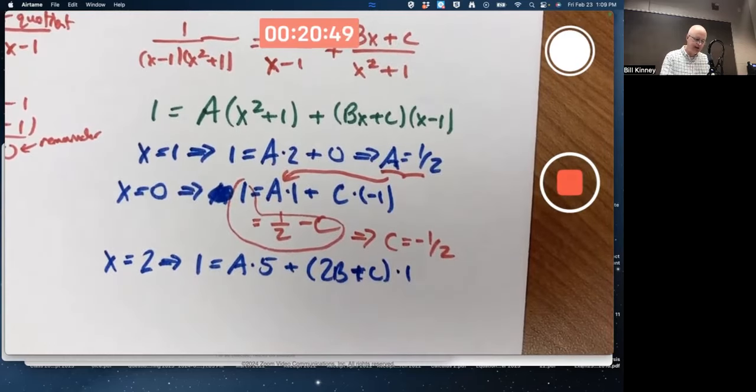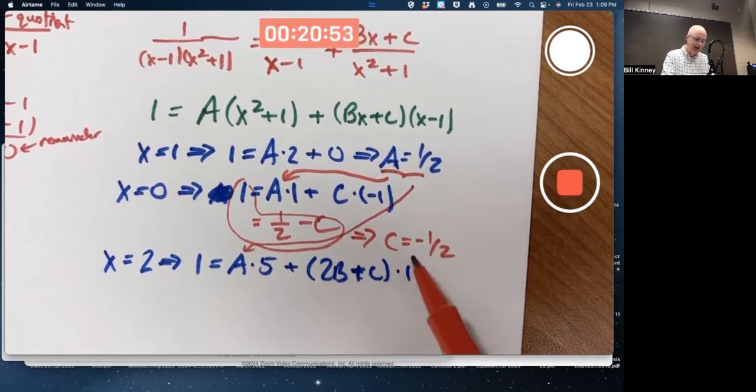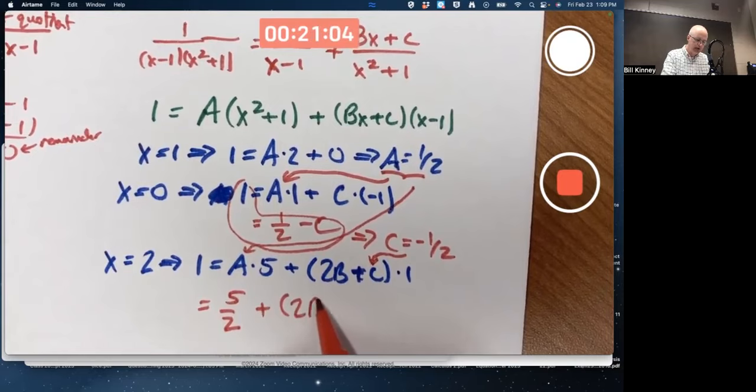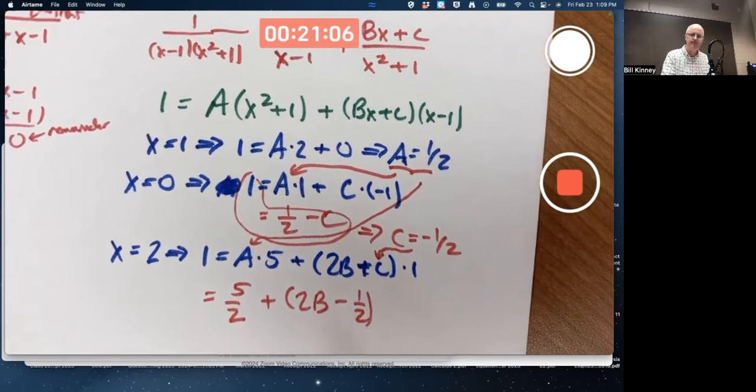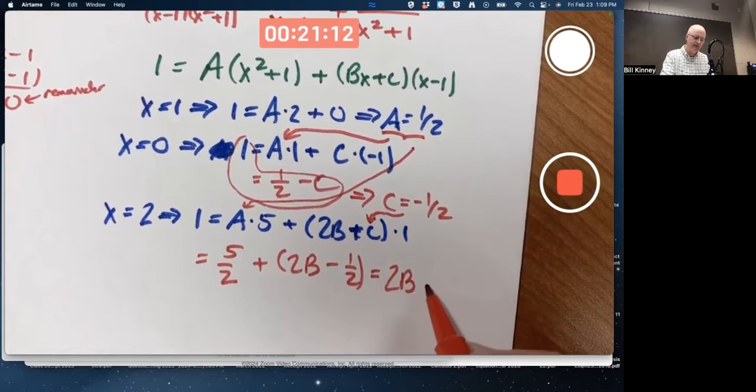Now substitute once again, a equals 1/2 into here, and c equals -1/2 into there. And we get 5/2 plus, in parentheses, 2b minus 1/2. I can get rid of those parentheses and then do 5/2 minus 1/2, which is 4/2 or 2.